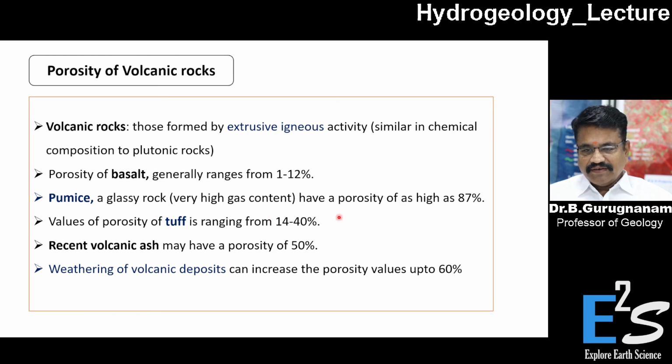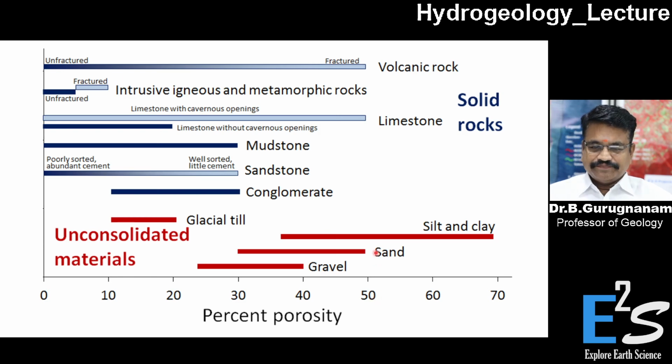It is a glassy rock with porosity of more than 87%, but the pores are not connected with each other. Porosity of tuff ranges between 14 and 40%. Recent volcanic ash may have porosity of 50%. Weathering of volcanic deposits can increase the porosity values up to 60%.